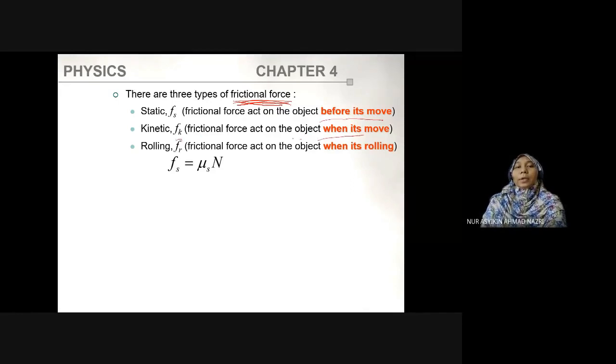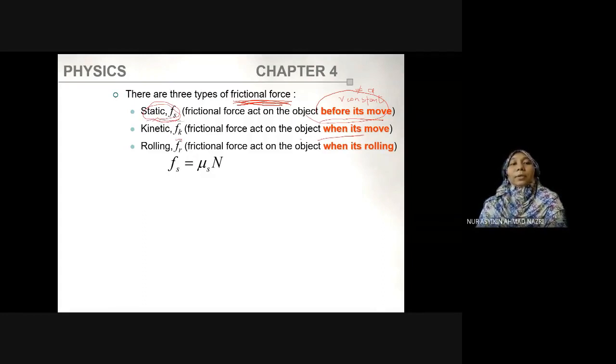Okay, tapi kadang kalau static ni, memanglah dia kata before it moves kan. Tapi kadang yang moving tanpa acceleration, acceleration maksudnya apa? Dia bergerak dengan velocity constant. Kadang dia masuk dalam static friction. So depends lah pada soalan tu.